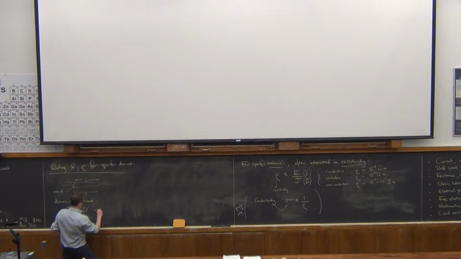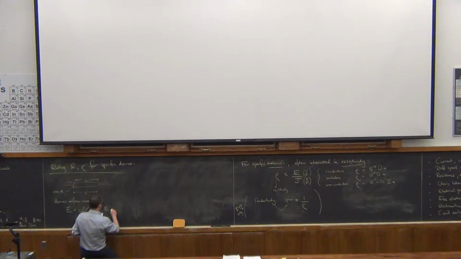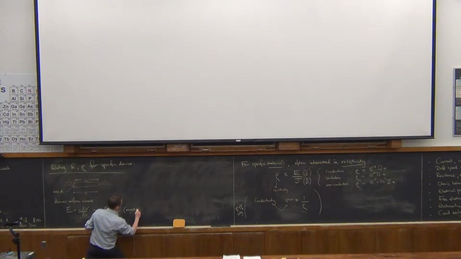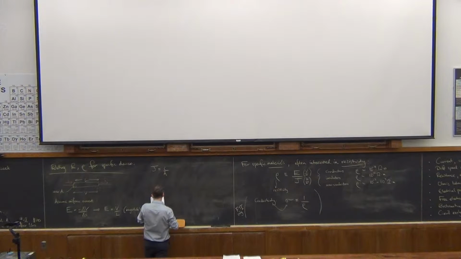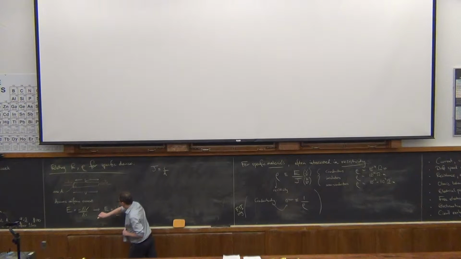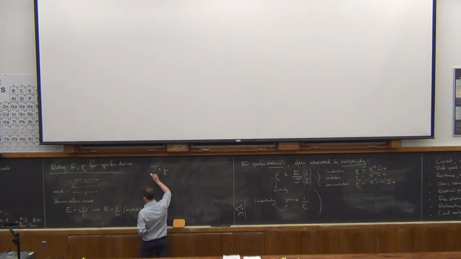And so in terms that are actually more relevant for our particular setup now, this is just V over L in terms of magnitude. That's pretty straightforward. I know that the current density is I over A.